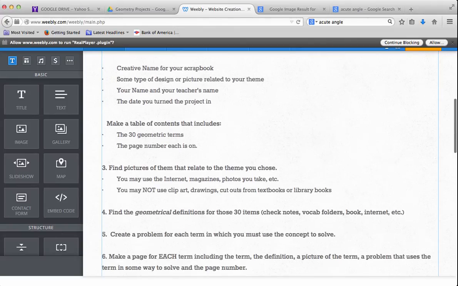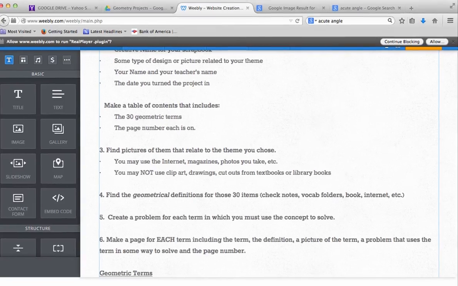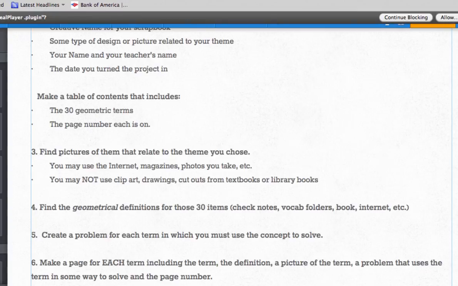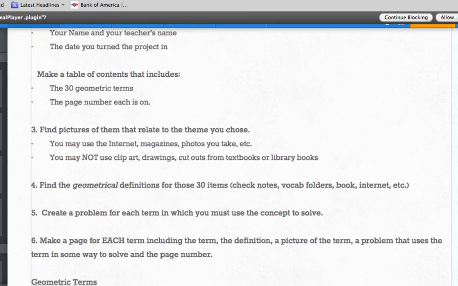Again, these images can be from the internet, magazines, pictures that you take. I want them to be real pictures, though, pictures of real objects. I also want you to have the geometric definition for these. So some of the words, like complementary. You can do something that's complementary of something, but I want the actual complementary as in a complementary angle.